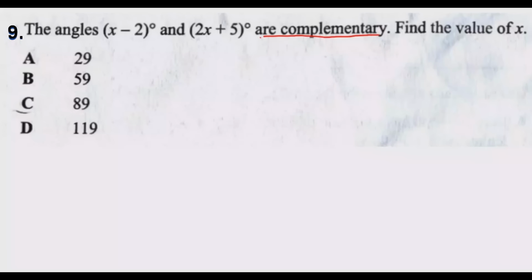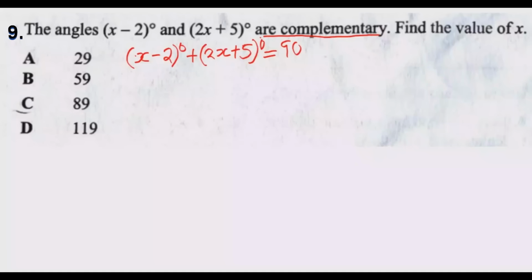So therefore, we can come up with an expression which is (x minus 2) degrees plus (2x plus 5) degrees is equal to 90 degrees. Okay, now once we have done that, then we can deal with the brackets first.